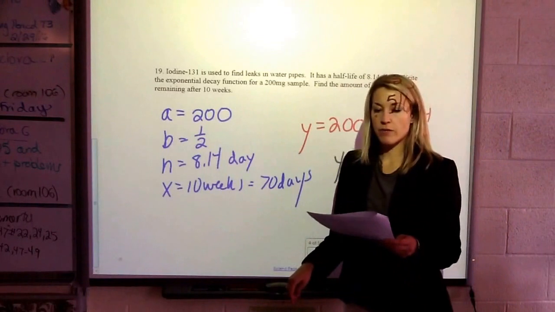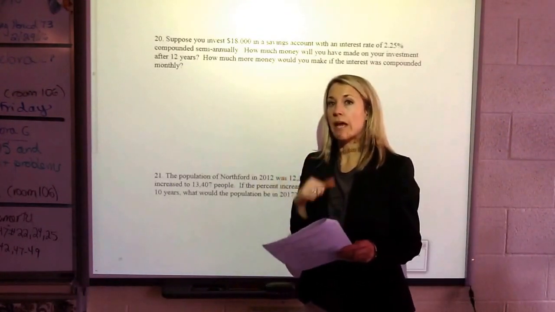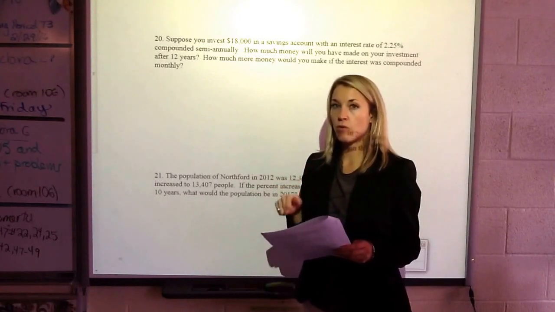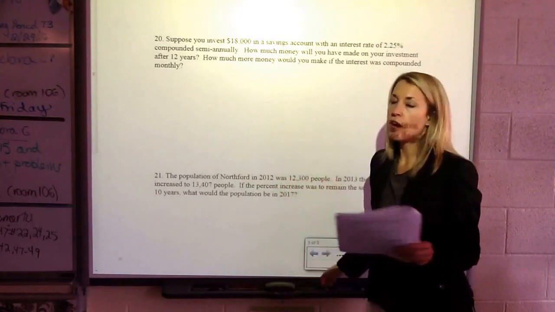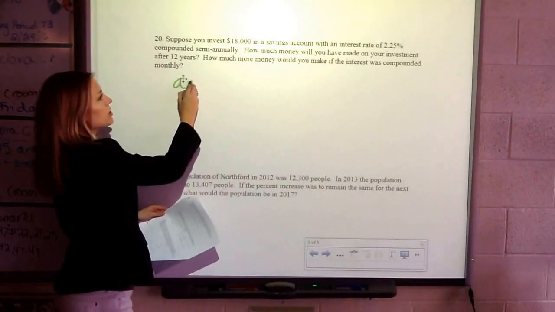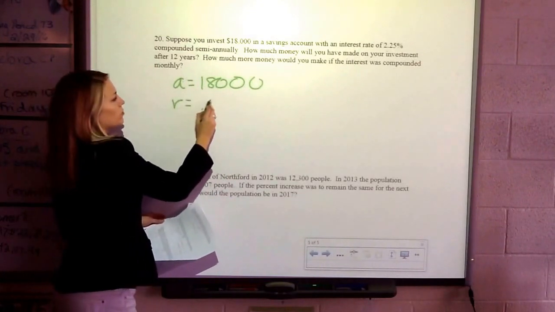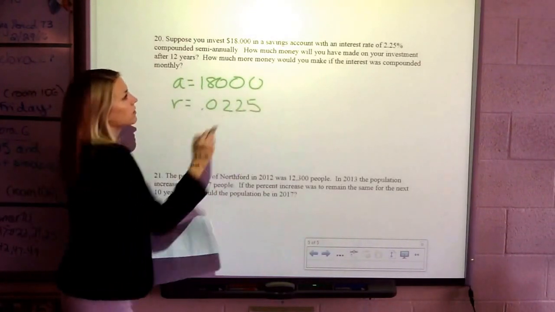The next one is compound interest. I think the only thing you guys really have to study for compound interest is what N could be: annually, semi-annually, quarterly, monthly, weekly, daily. You have to memorize those numbers. For this one, my starting amount, my rate, I'm going to move my decimal place over twice.